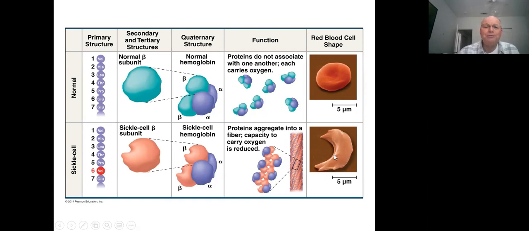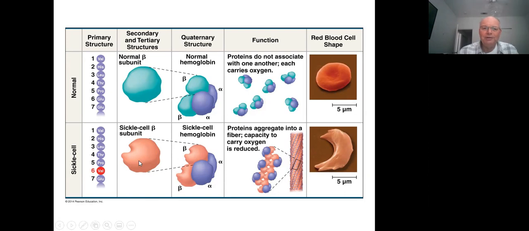And all of the problems that are associated with sickle cell disease are a consequence of that, and can all be traced back to this single amino acid change that unfortunately happens to be in a key region that affects the overall folding of the beta globin subunit. All the knock-on effects can be traced back to this single amino acid change.